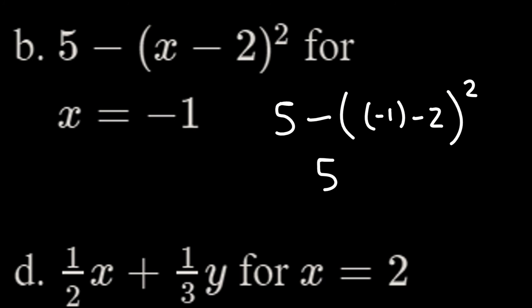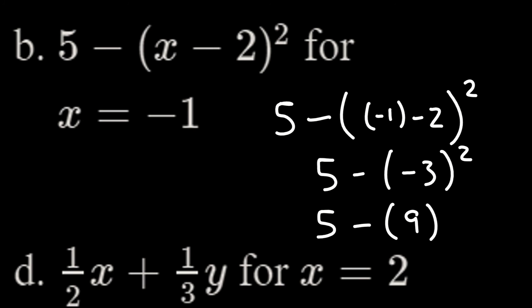So I've got 5 minus (-3) squared. Now when I square -3, that becomes +9. So -3 times -3 is +9. So this is now 5 minus 9, which is -4. So the answer there should be -4 for part B.